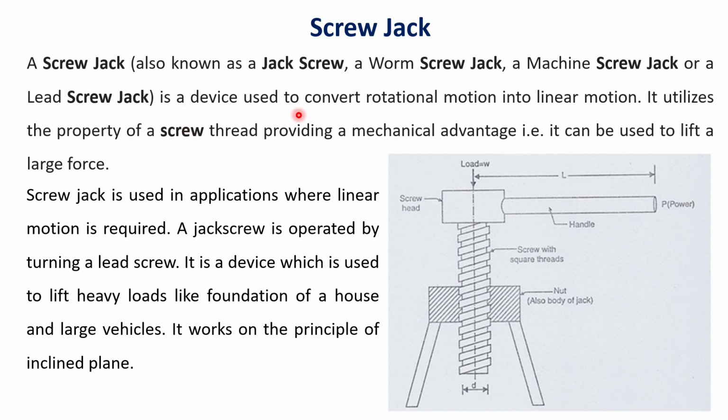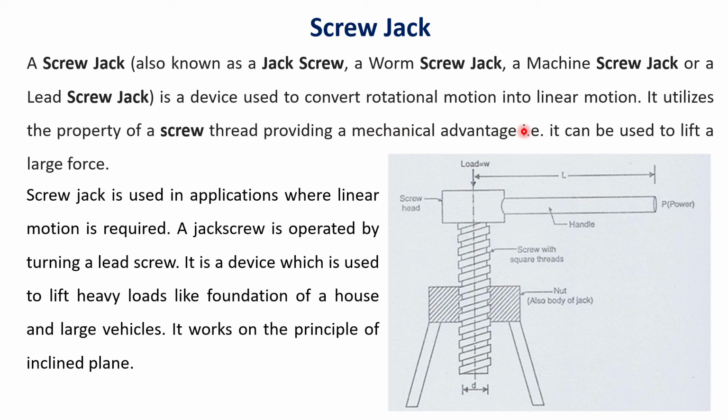It is a device used to convert rotational motion into linear motion. We have seen that by rotating this handle, we can lift or lower this screw, and whatever load we apply onto it, we can lower or lift it. It utilizes the property of a screw thread, providing a mechanical advantage.